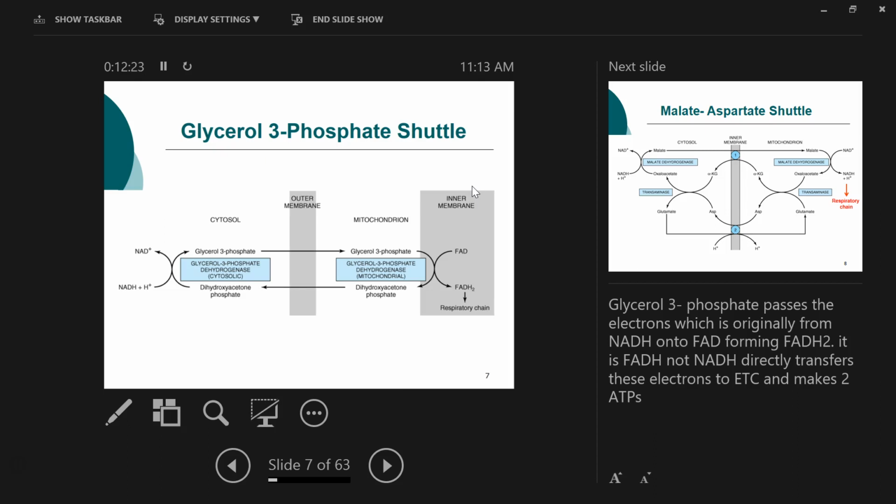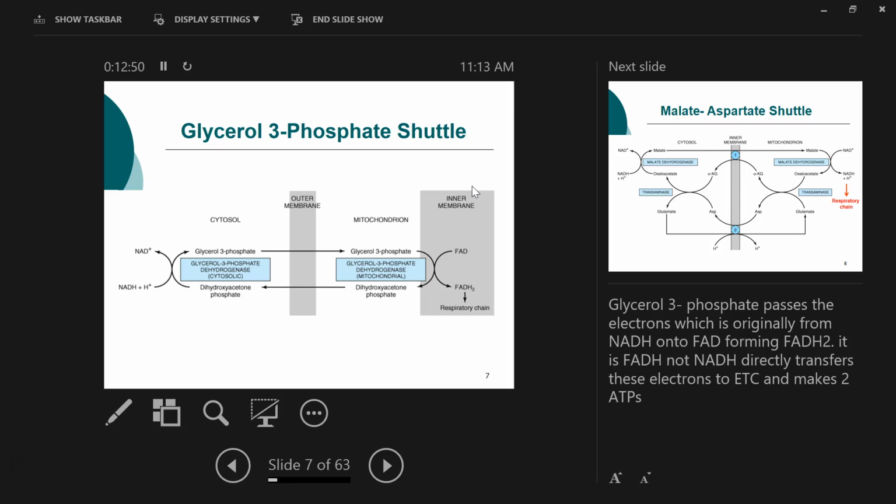So there are 2 shuttle systems. The first one is called the glycerol 3-phosphate shuttle. And see, this is the outer mitochondrial membrane and inner mitochondrial membrane. The NADH here in the cytosol is from glycolysis, right?